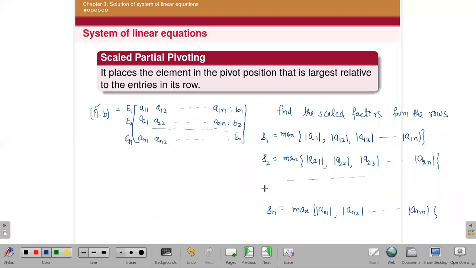In general, Si is the maximum of ai1, ai2, and so on. After finding these n scale factors, for a 3 by 3 matrix you get 3 scale factors.